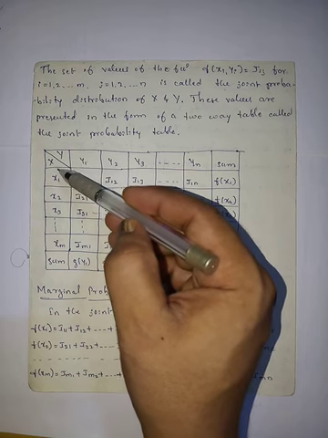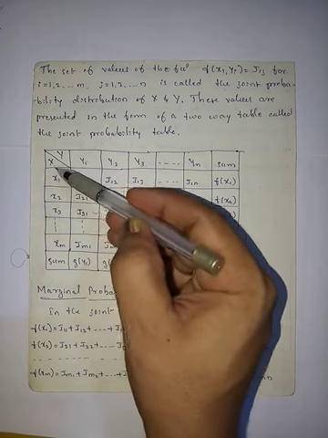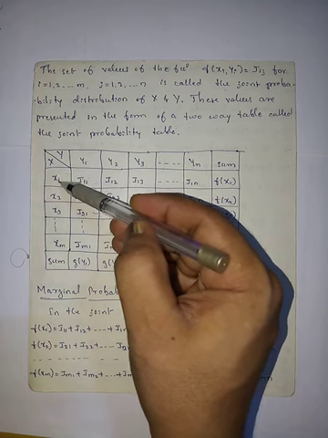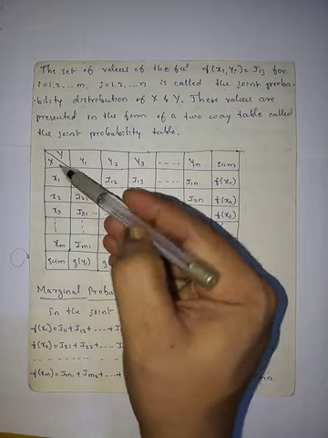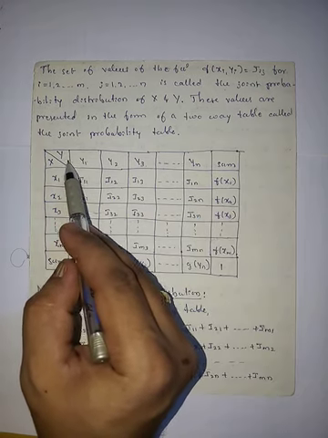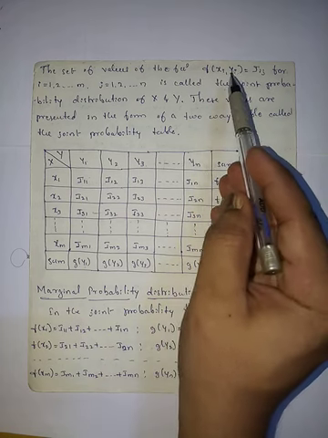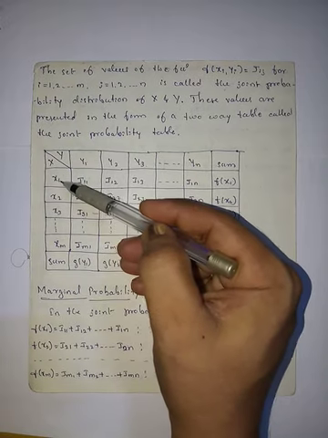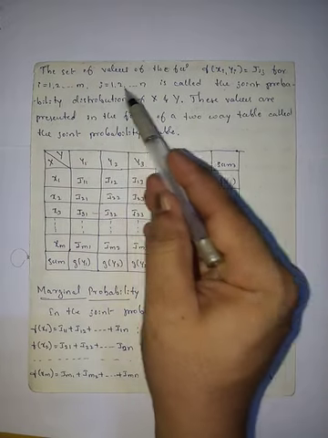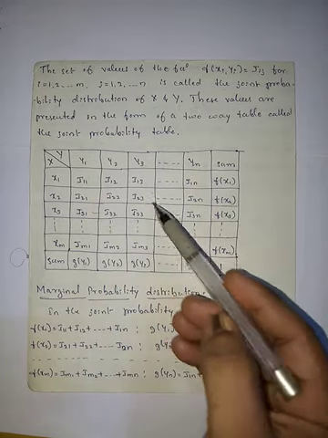So on one side we take the values of x, that is x1, x2, x3 and so on up to xm, and on this side the values of y: y1, y2, y3 and so on up to yn. So this is denoted xi, where i equal to 1 to m, and j equal to 1 to n, that is y1 to yn.